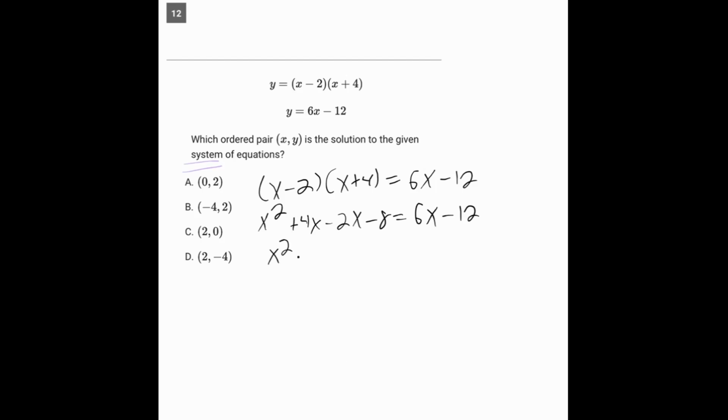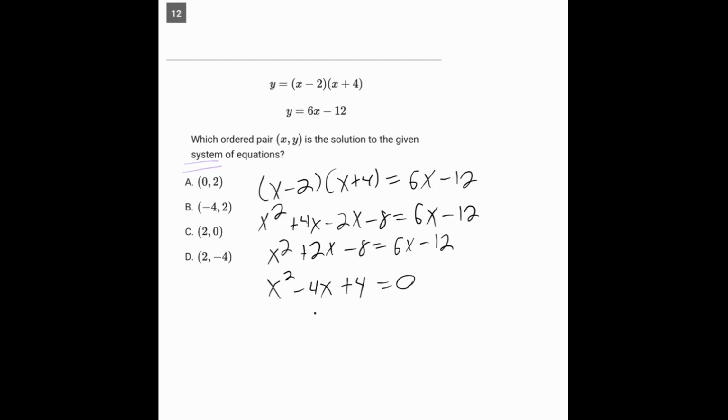Now we can combine some like terms. Now we want to tell ourselves this is a quadratic. That means you should get everything on one side equal to 0, preferably with the x squared side being positive. So if we take away 6x and add 12 to both sides, we have this.